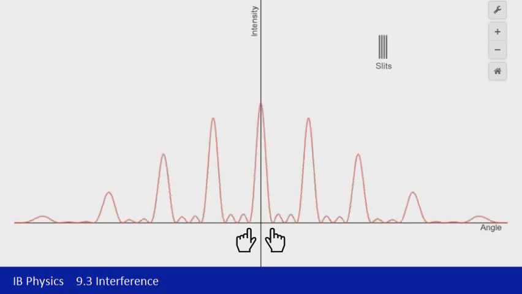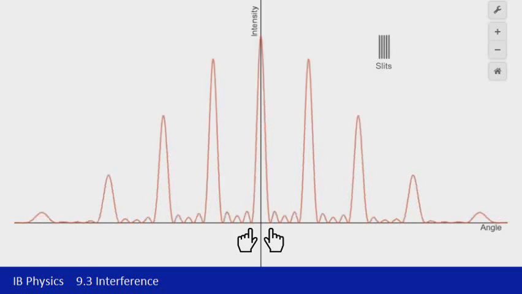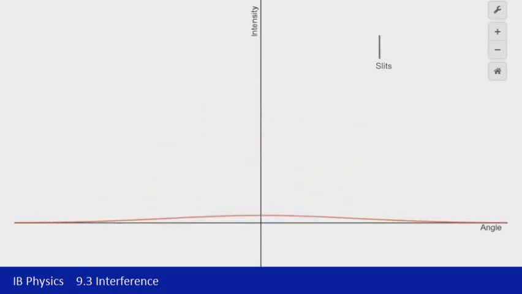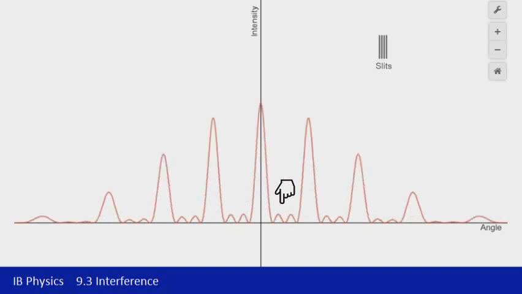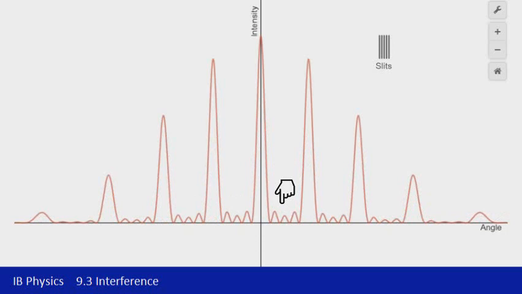So the more slits there are, the narrower that central region. And finally, in between the maxima, you might notice that we start to see these small regions where there are sort of intermediate maxima, is the term I'm going to use.